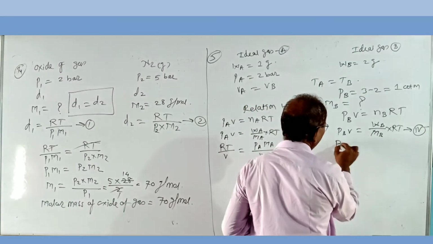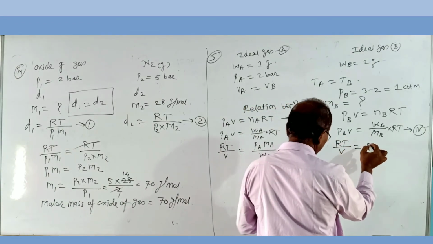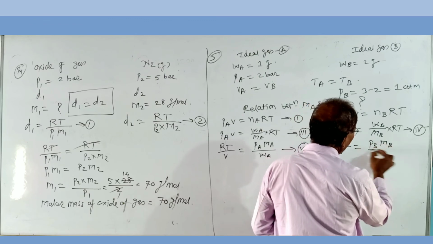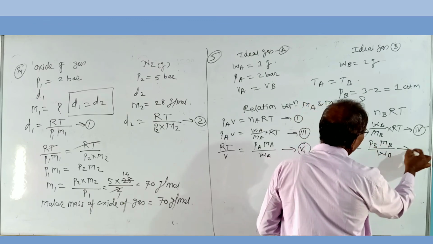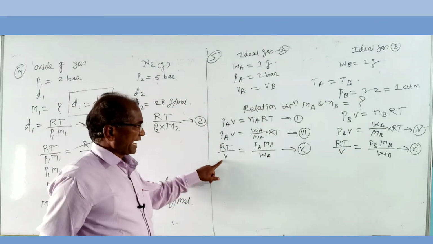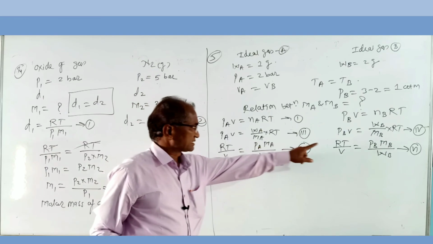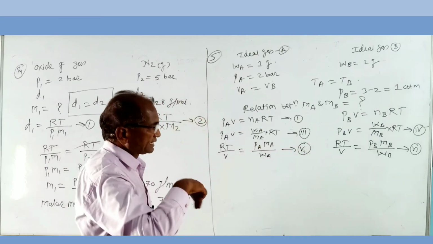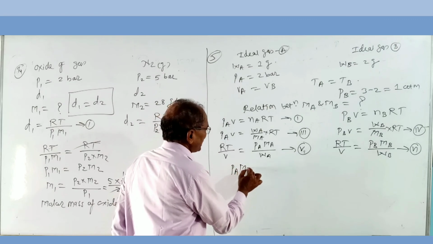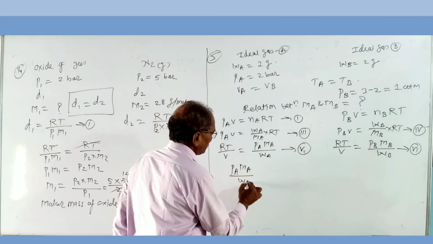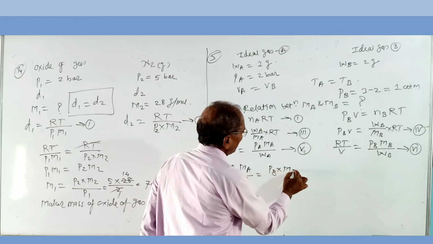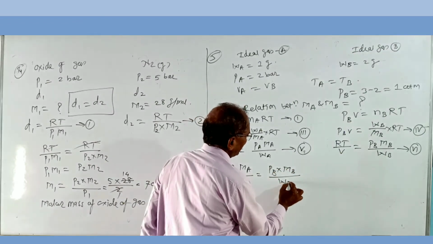Similarly, from this equation, RT upon V is equal to PB into MB upon WB, equation 6. Equation 5 and 6, their left hand sides are same. Therefore, equate the right hand side. PA into MA divided by WA is equal to PB into MB divided by WB.